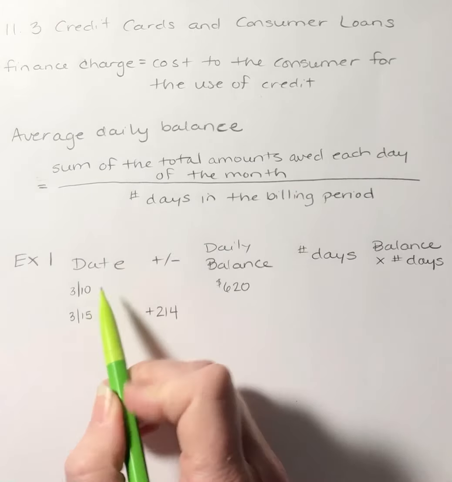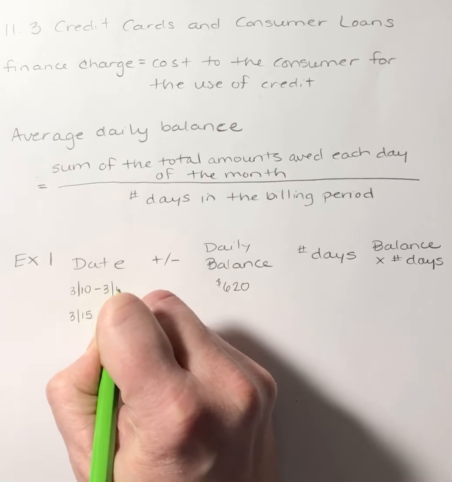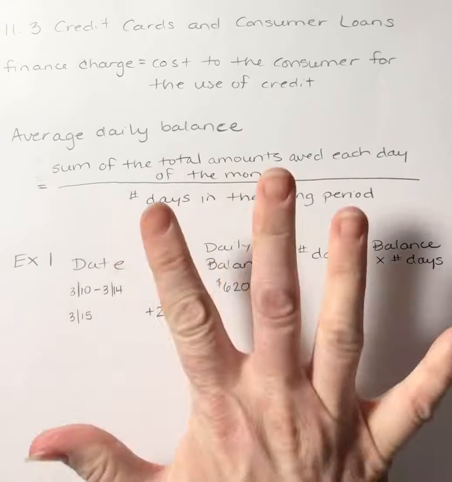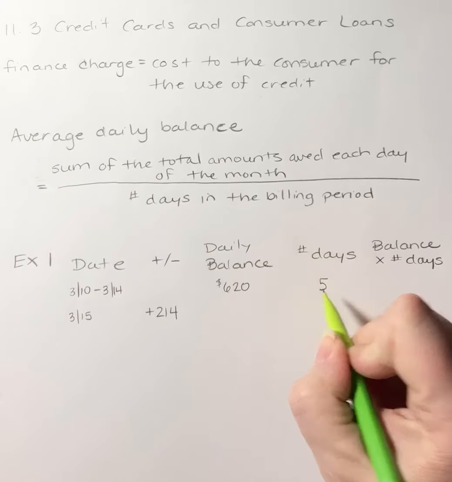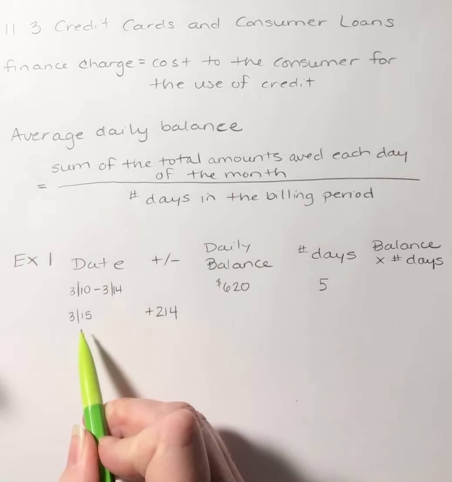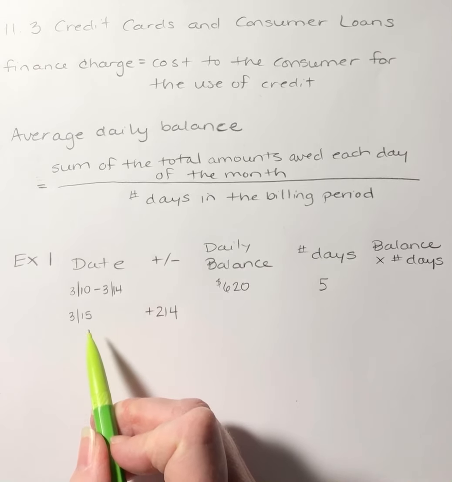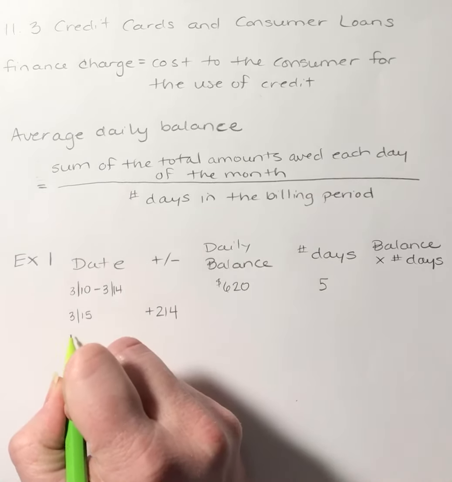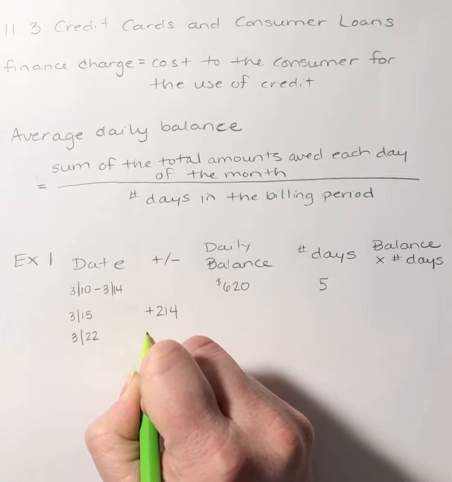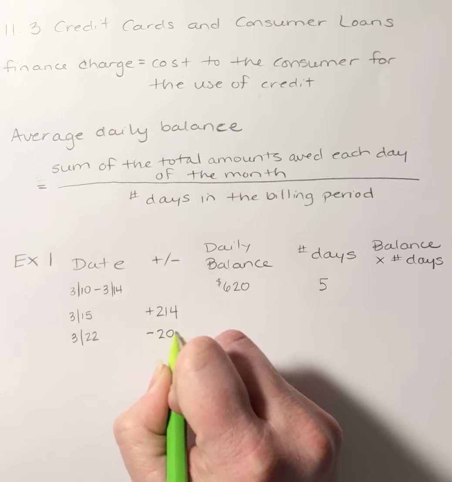And so that means that this is going to go from 3/10 to 3/14. So 10th, 11th, 12th, 13th, 14th, 5 days, okay? So 5 days. $67 was charged on March 30th, okay? A payment, hang on a second, because now a payment of $200 was made on the 22nd. So here, I'm going to squeeze in on the 22nd, a payment, so your account will go down $200.